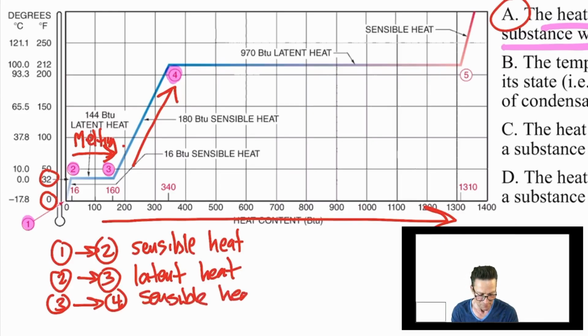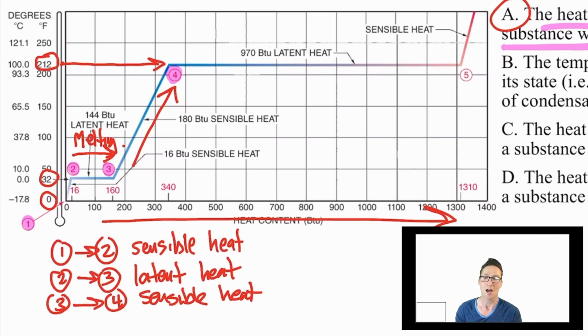All right. Now, to keep things simple, if we eventually warm that water up all the way to 212 degrees right here at step 4, we would have added a lot of sensible heat energy to that water. And in fact, we would have added 180 BTUs of sensible heat energy to it.